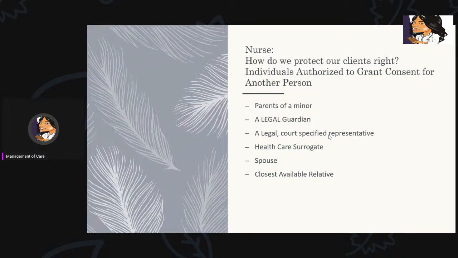A legal court-specified representative, a healthcare surrogate, a spouse, or the closest available relative. Underline that or write that down: closest available relative. So these are individuals authorized to grant consent for another person.